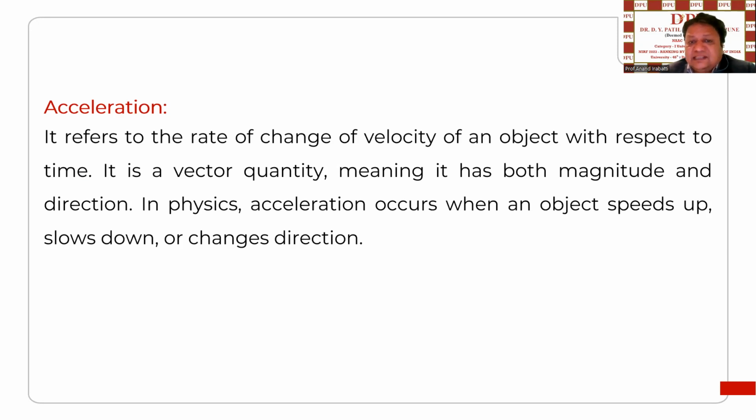In physics, acceleration occurs when an object is moving, speeds up, slows down, or changes direction. Acceleration is also an important aspect in game development to create animation effects in your game application, and it refers to the rate of change of velocity of that object with respect to time. That is called acceleration.